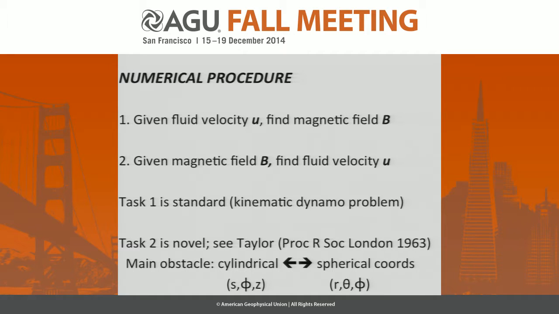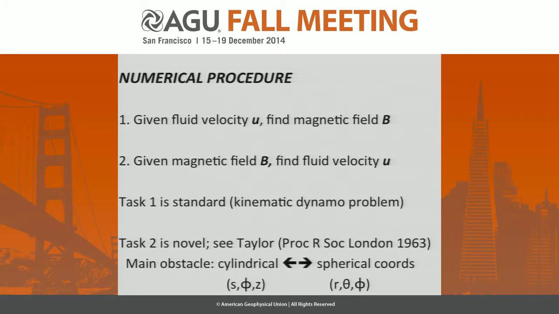In the cylindrical coordinates, I should mention particularly s, because there's no universal name for it: the distance from the rotation axis. This is the usual phi, usual z, explained before in these spherical coordinates there. So that's the numerical procedure you have to adopt.